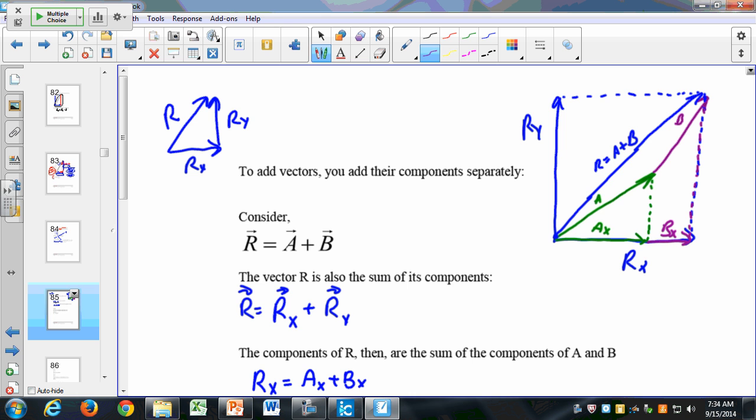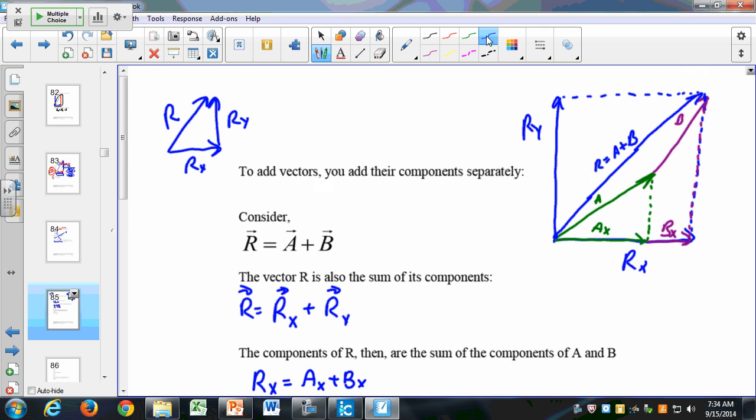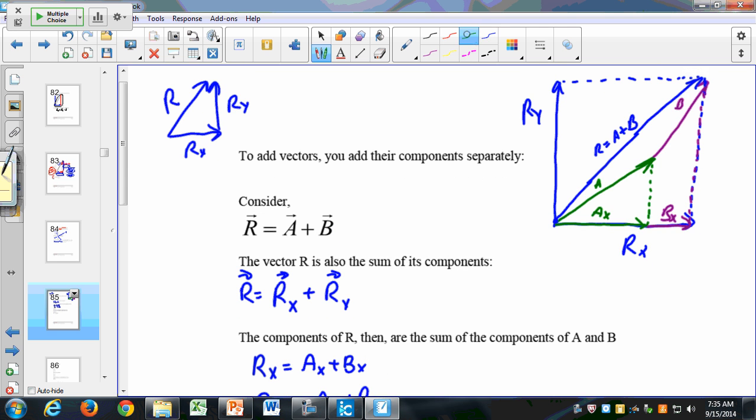Now, are you with me on this, just graphically seeing how that works? Okay, so likewise we can say that Ry is equal to Ay plus By. There's By right there. And then the same argument holds over here for the y component of A. It looks like that.